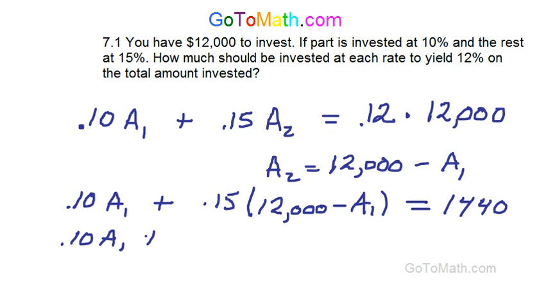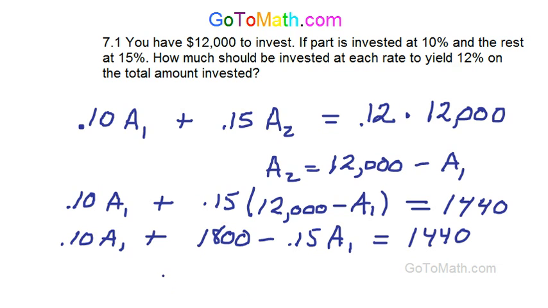So I'm going to go ahead and rewrite this part, plus. Now let's take this 15% and distribute it across. So 0.15 times, not 1,200, but 12,000. Alright, so that's 1,800 minus 15% of the first amount is equal to 1,440.